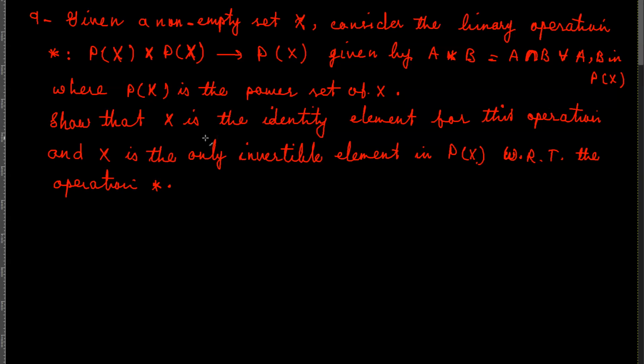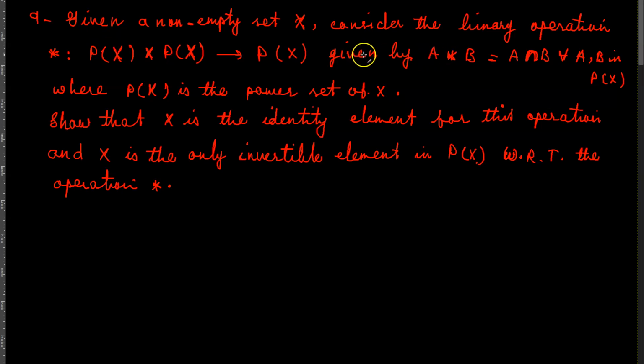Okay, so about this question, first, to understand it: given a non-empty set X, consider the binary operation star on the set P of X, and you know that P of X is the power set of X. In the previous example, we talked about the meaning of the power set of X, so you understand what that means.